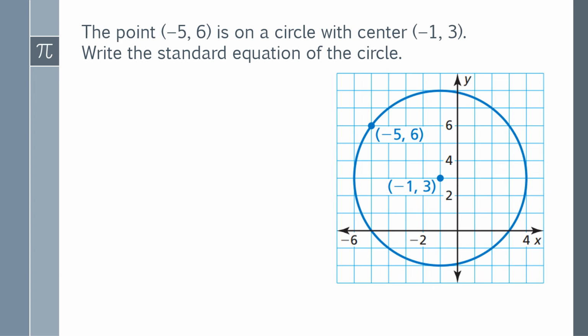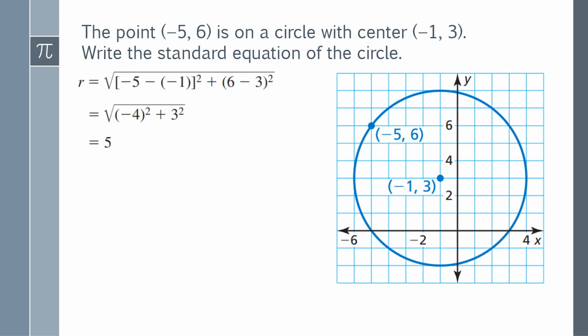All right. So what's the point of a circle? If I have a point -5, 6, and a circle with a center -1, 3, what is the standard equation of the circle? So going back to what you did in the very beginning of this circle stuff, how we created the radius, that's what you want to start out with.